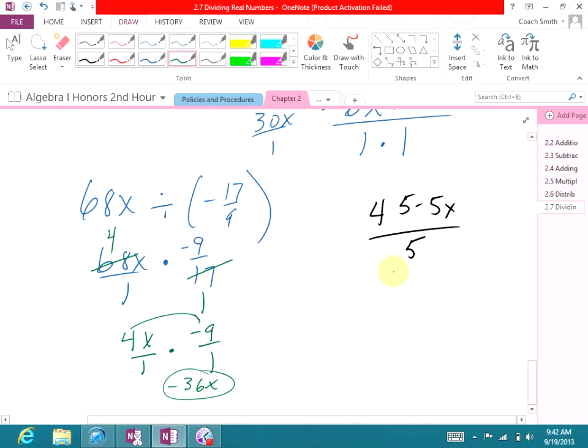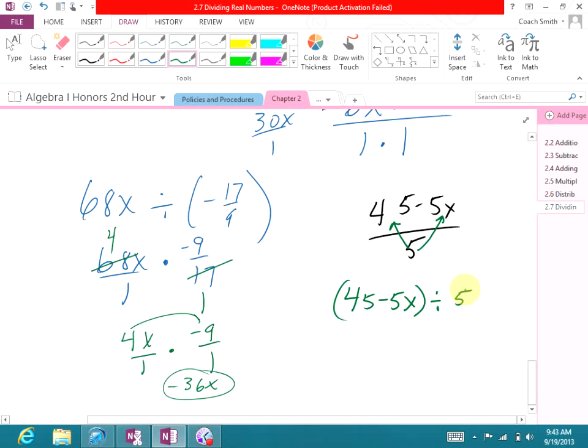I am going to divide the 5 into the 45 and the 5 into 5x. Here's why I'm going to do that. 45 minus 5x divided by 5 is what that expression is.